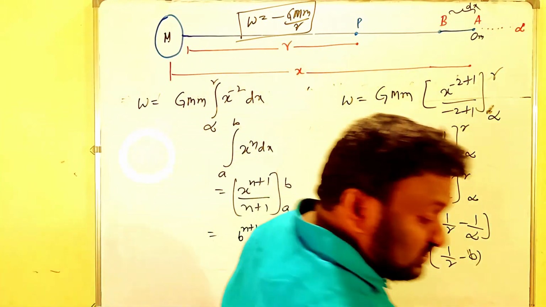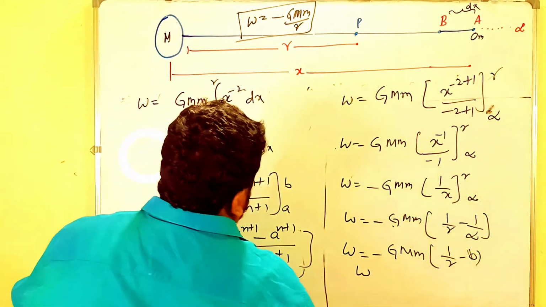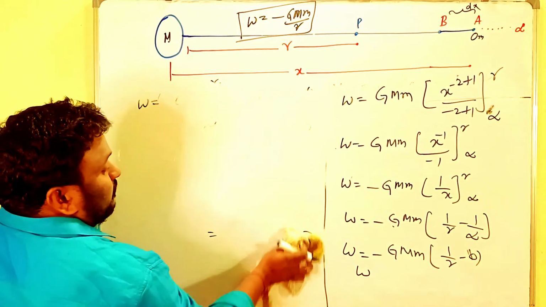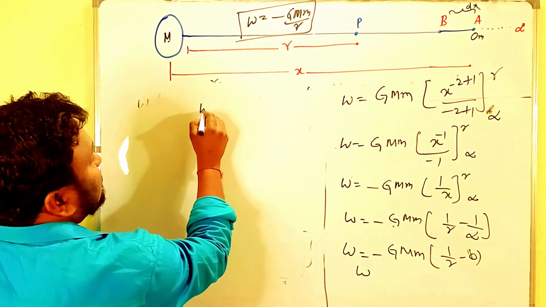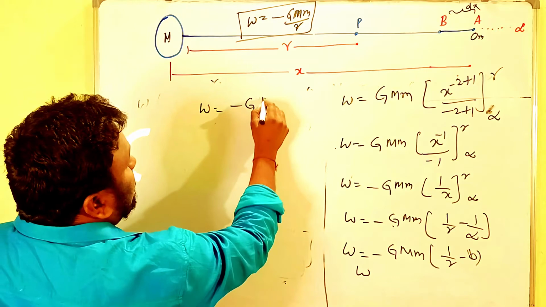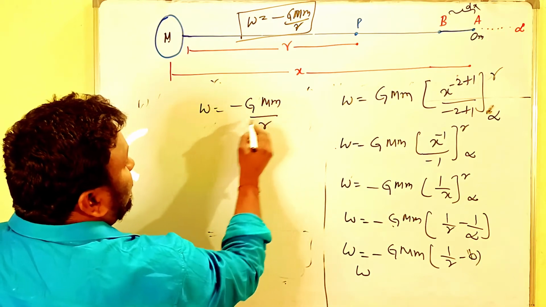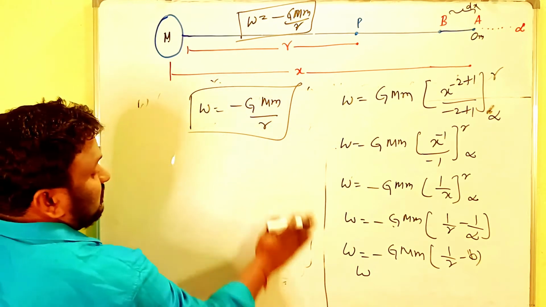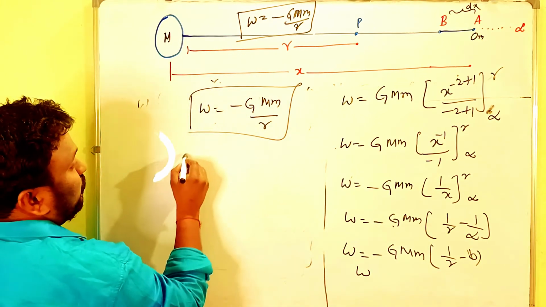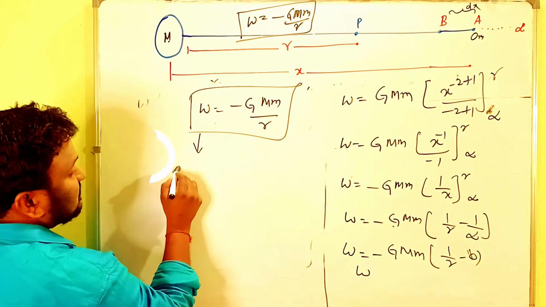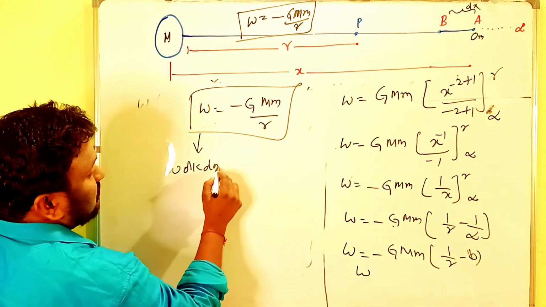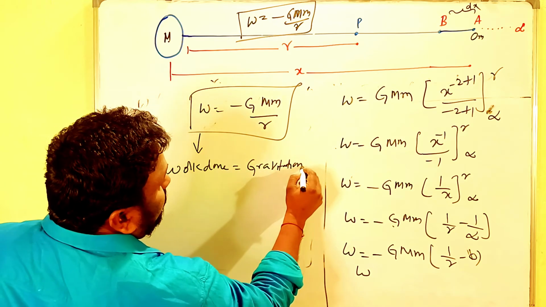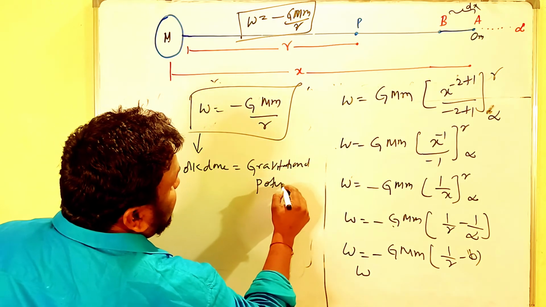Okay. So now this amount of work done is nothing but, children, what we got as total work done: W is equal to minus G M m by r. Here the minus represents the force of attraction. This amount of work done is stored in the form of gravitational potential energy.